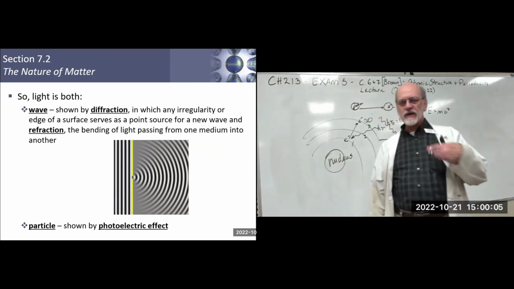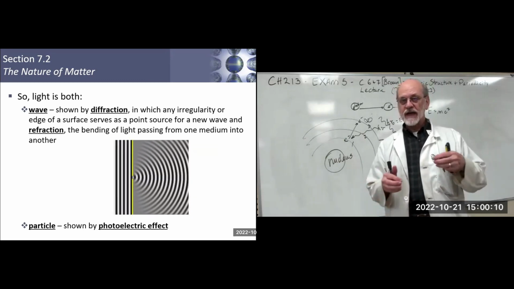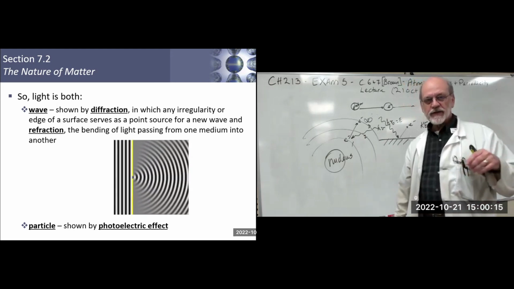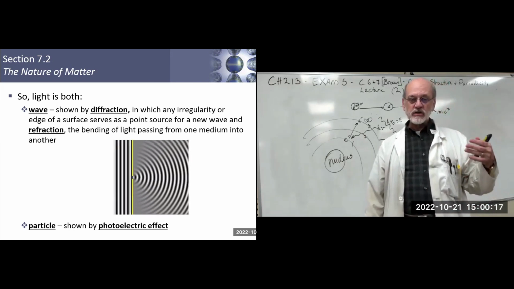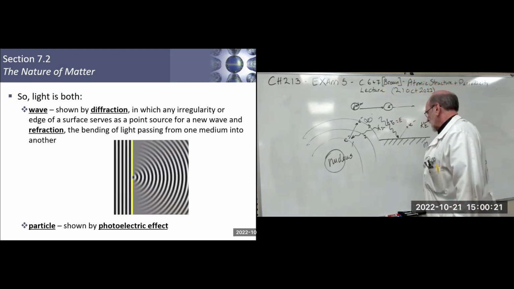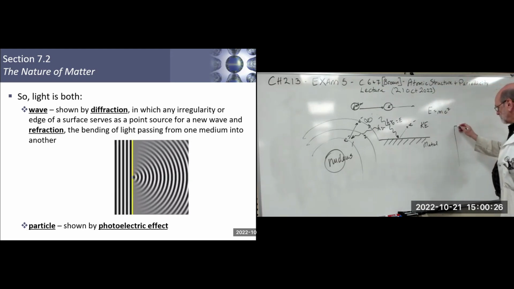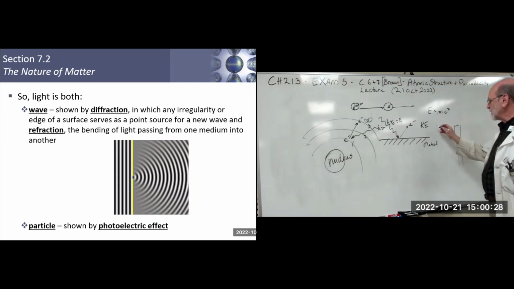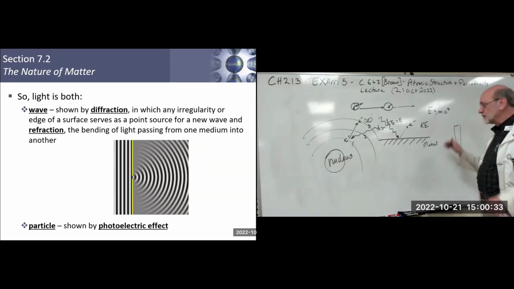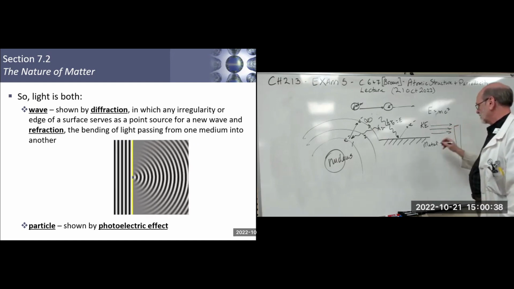Now, what are the various manifestations of light that support one over the other? Well, if you think of light as a wave, then it should be diffracted. So diffraction is a process wherein, say if you have a light beam, if light were particles, they would travel in a straight line like this, right?